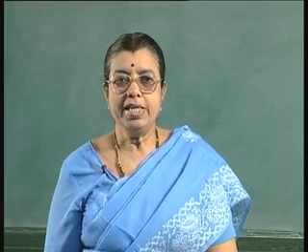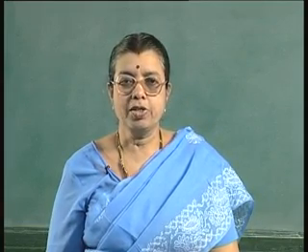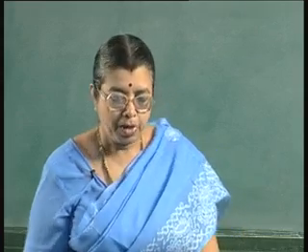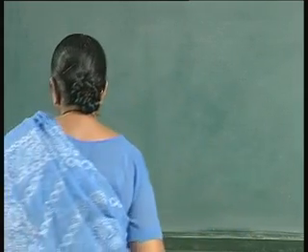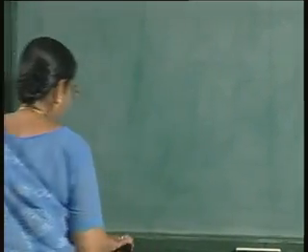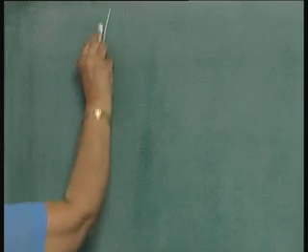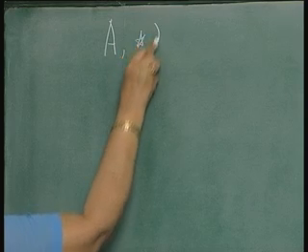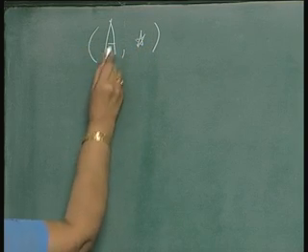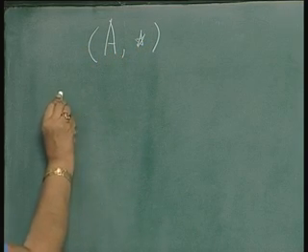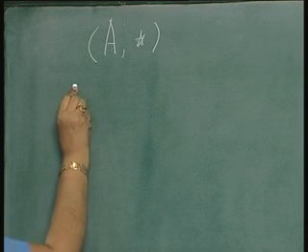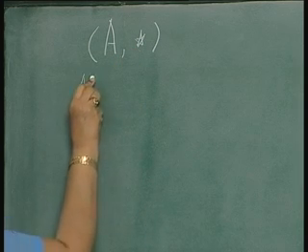Now, if in addition the commutative property is also satisfied, then the group is called an abelian group or a commutative group. So, usually we denote a group by the underlying set and an operation star. If this binary operation satisfies the commutative property also, then it is called an abelian group.